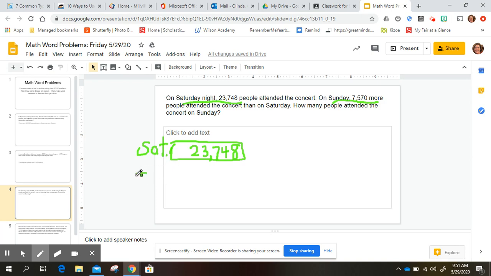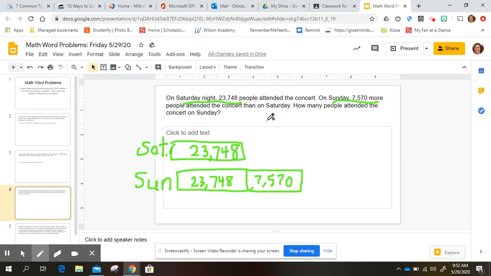And on Sunday, we had that number plus 7,570 more people attended the concert than on Saturday. So Sunday had more people than Saturday.